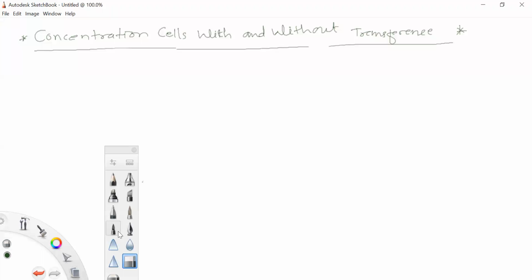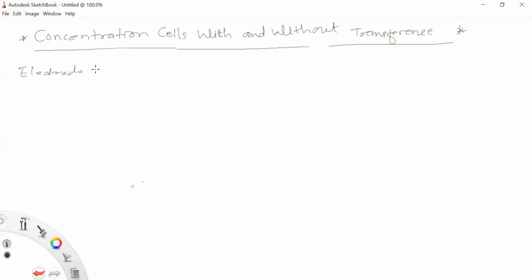So first of all, we will understand the electrode concentration cell that is reversible to cations.